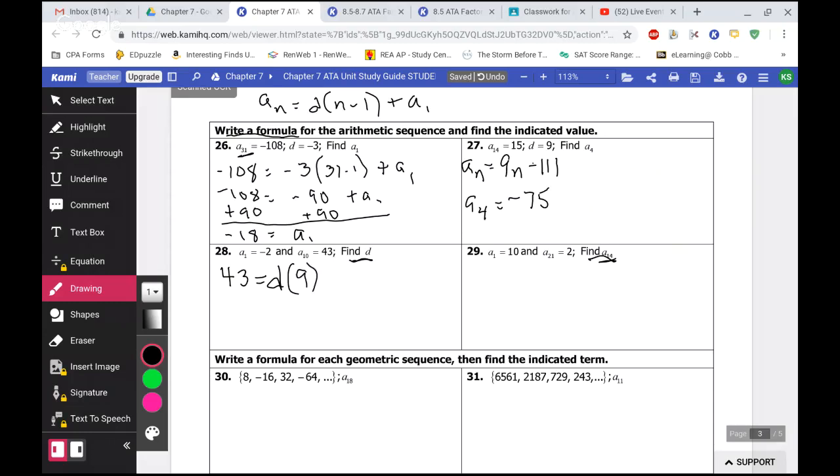Yes. Okay, good. And then plus a negative 2. So I'm going to add 2 to both sides. So that's going to be 45 equals 9D and 5 equals D. So the common difference, D, is 5.